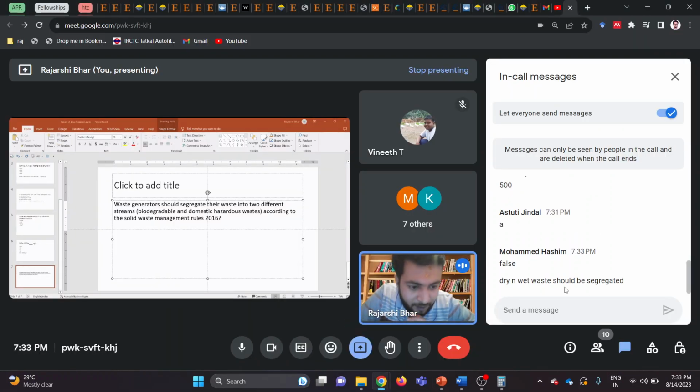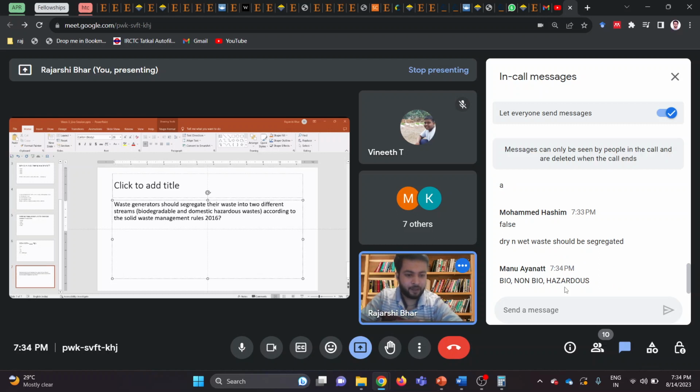Okay, false. Dry and wet waste should be segregated. Yes, that is correct. But can something else also be added to that? Yeah, bio, non-bio, and hazardous. That is the correct answer.